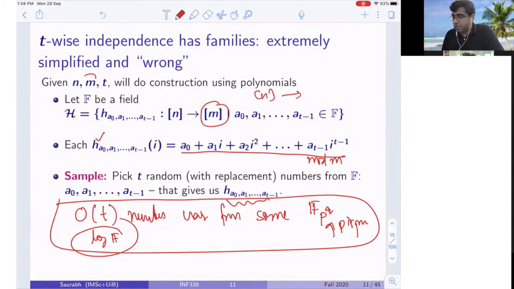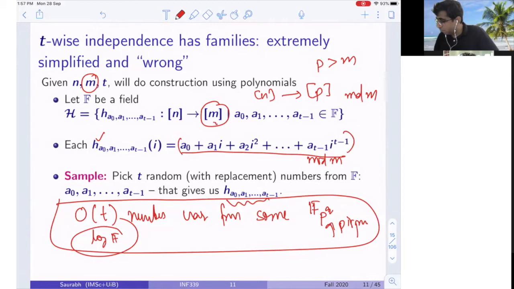You gave me an m, right? I will choose some bigger prime p greater than m, and I will generate there, but that is not what you wanted. So now I have to do some mod m to get to the range from here, right? So basically this will be mod p, then another mod m.